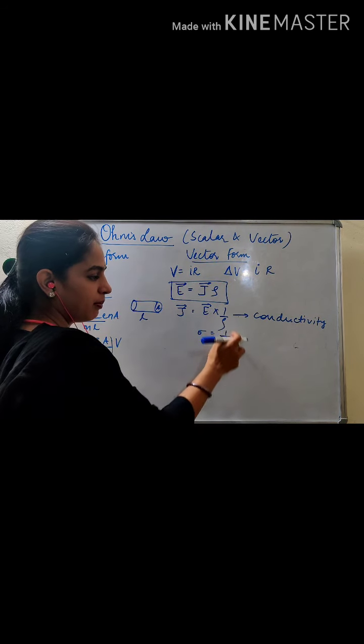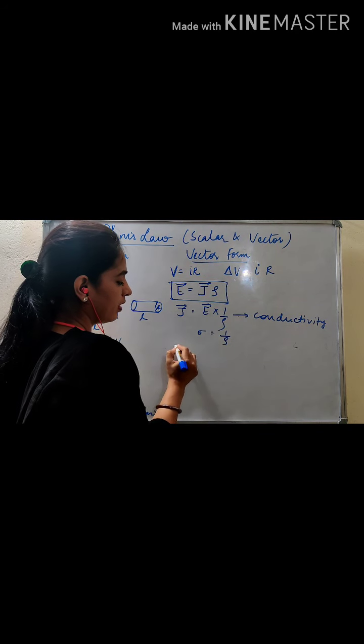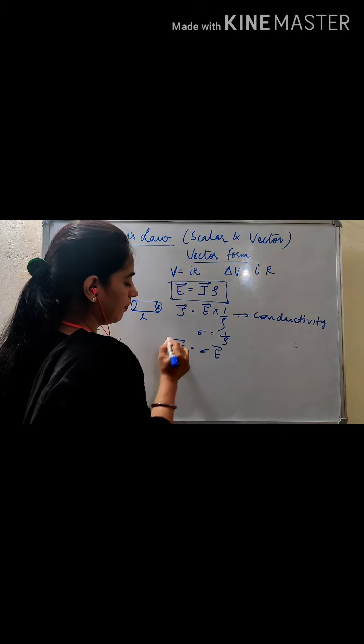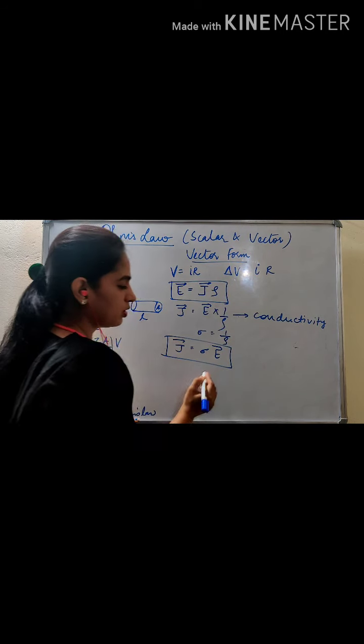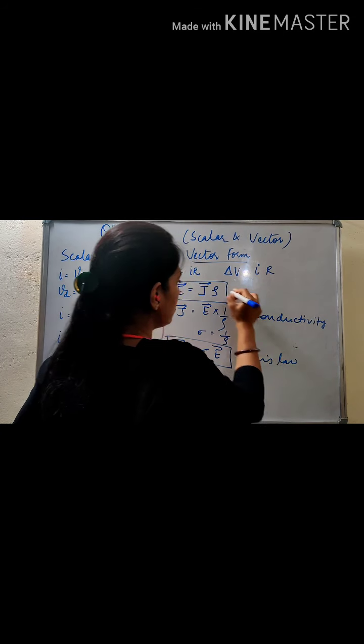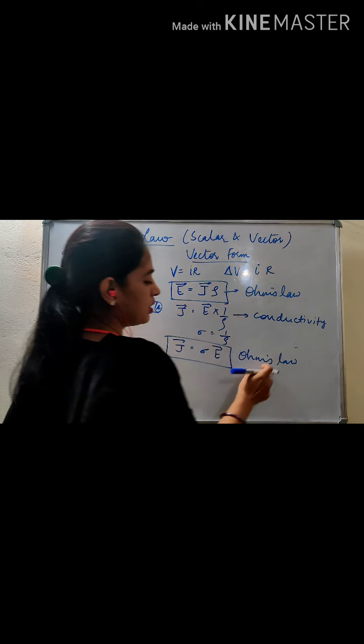So replacing 1 by rho by sigma, which is conductivity, we write J is equal to sigma into E. This is one more variation of Ohm's law in vector form. This is one form of Ohm's law and this is one more form.